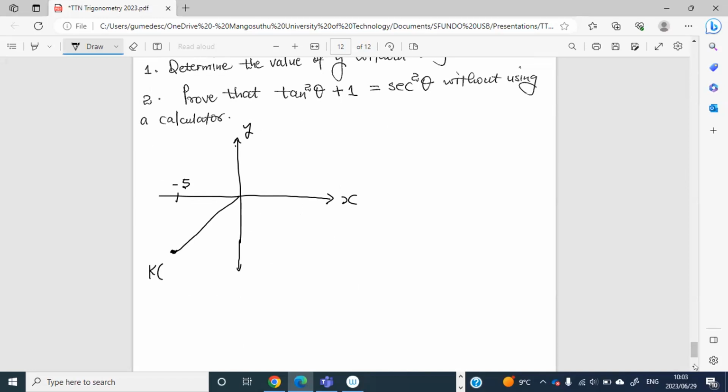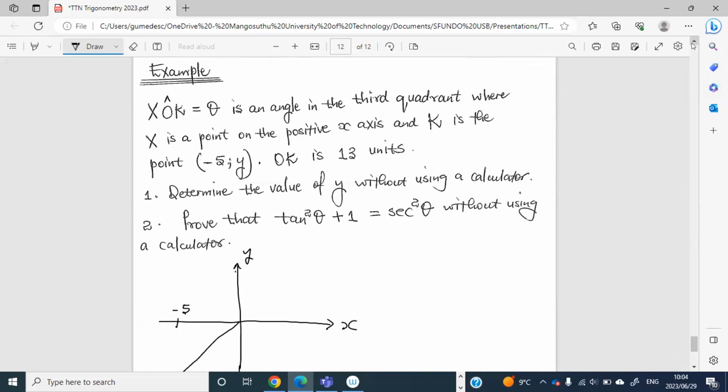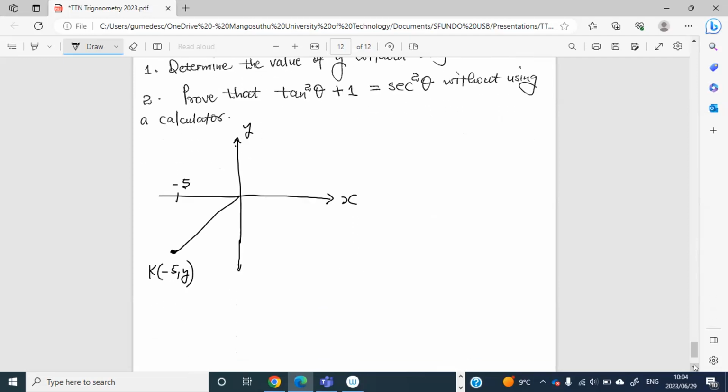K is (-5, y) here. So we'll extend our 90 degrees. Also, I think we're given something else: OK is 13 units. Luckily here, we are given that OK is 13 units.